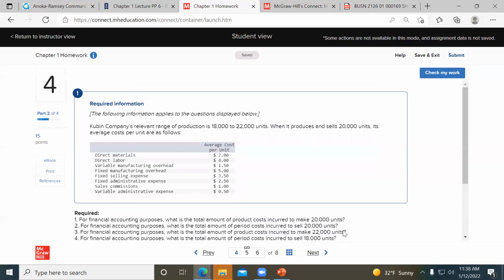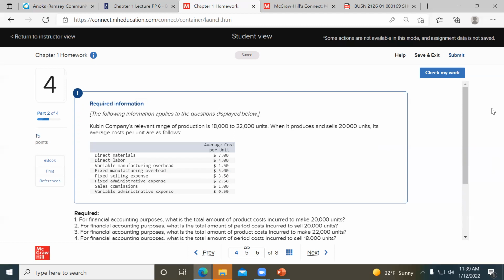Okay. The company's relevant range of production is 18 to 22,000 units when it produces and sells 20,000. Oh, number 4, here it is.